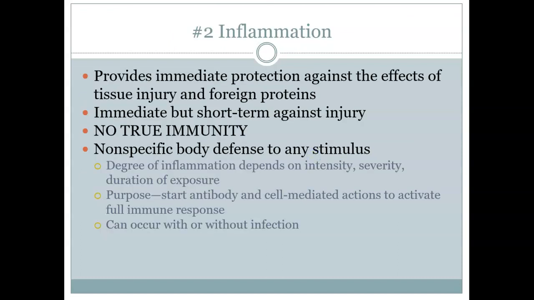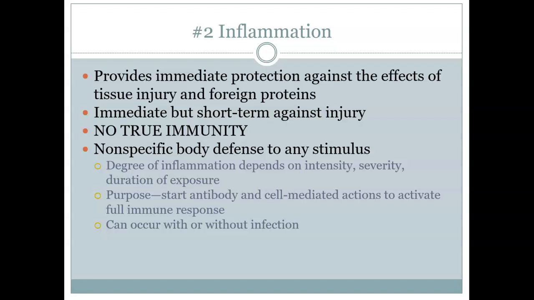Number two, our second line of immunity is inflammation. Inflammation is a good thing to a certain point, because it walls off that area from further tissue injury or any further invasion by foreign proteins. It's a very immediate response, as I'm sure some of you are aware. If you ever have an injury somewhere, that inflammation kicks in.